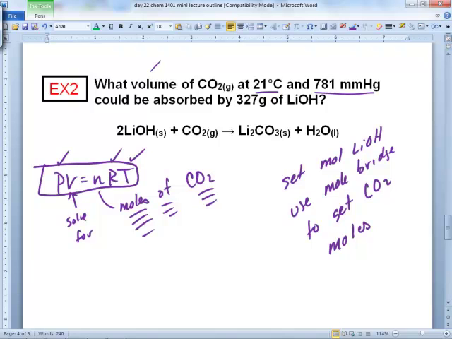And the reason why I have to think of little n as the moles of CO2 is because little n can't be moles of a liquid or a solid. It can only be moles of a gas, because that's the only thing that can make pressure and fill up the whole container. So little n has to be moles of gas in PV equals nRT.